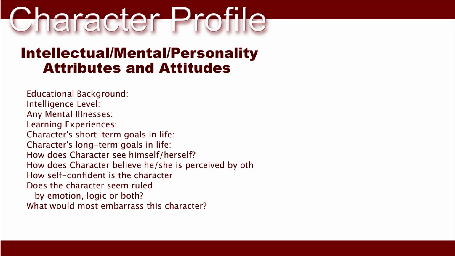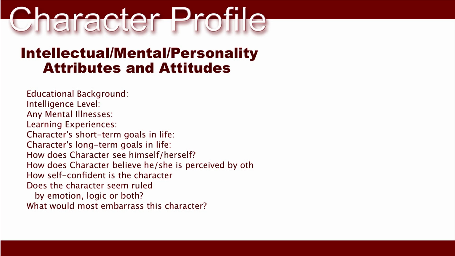Another section to consider is intellectual, mental, personality, attributes, and attitudes. Now, this is where the meat of your character comes in, because you're most likely poking at his inner soul. What I mean by that is this is where you're going to do a lot of programming as far as what makes the character tick. With this, you have elements such as educational background, intelligence level, any mental illness, learning experience, short term goals, long term goals.